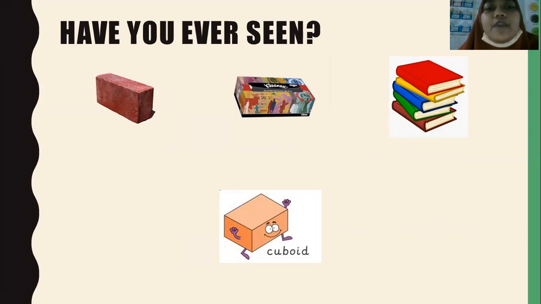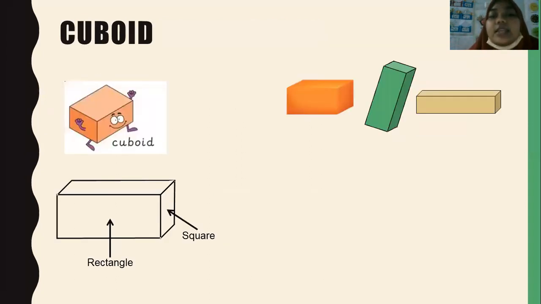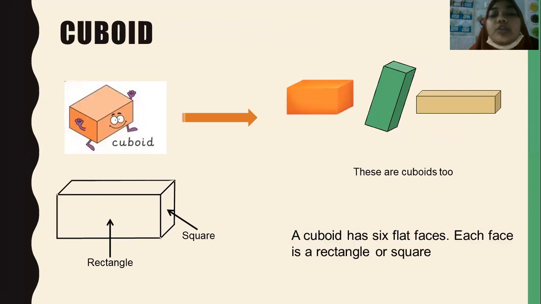Next, have you ever seen a rock, a tissue box, or books? All of that we call a cuboid. What is the difference between a cube and a cuboid? The difference is in the face. A cube only has square faces. In a cuboid, there are two kinds, a square and also a rectangle.